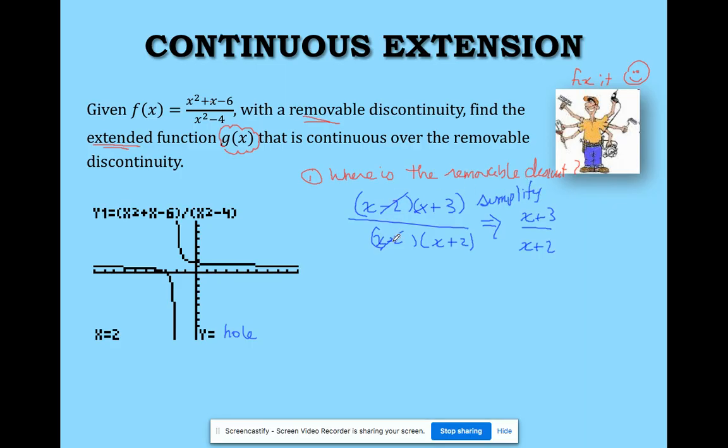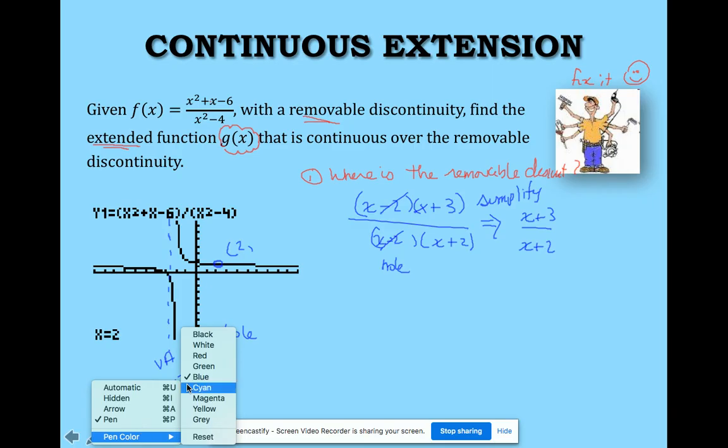And when you have matching factors, then you have a hole. There used to be a vertical asymptote at 2, but it got shrunk to an itty bitty hole. The infinite discontinuity at -2 could not go away. There's nothing to be done about that. I can't fix it, but I can fix the hole. So firstly, I found the hole. That was step 1, at x equals 2, because that's the factor that canceled out.